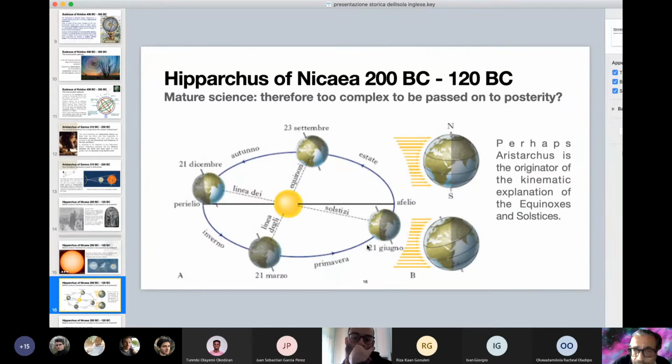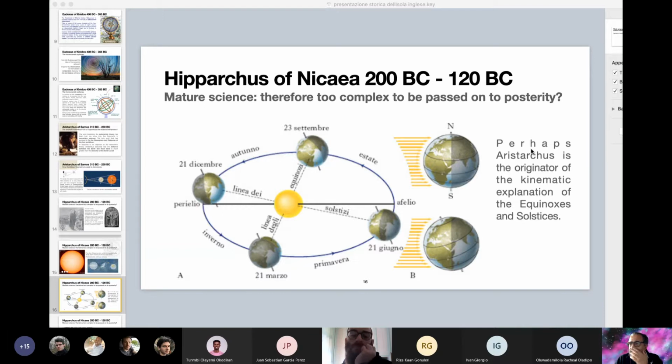Now, I want to tell you how sophisticated was the knowledge of Hipparchus. Hipparchus probably already knew, because Aristarchus most likely was the originator of the kinematic explanation of the equinoxes and solstices.